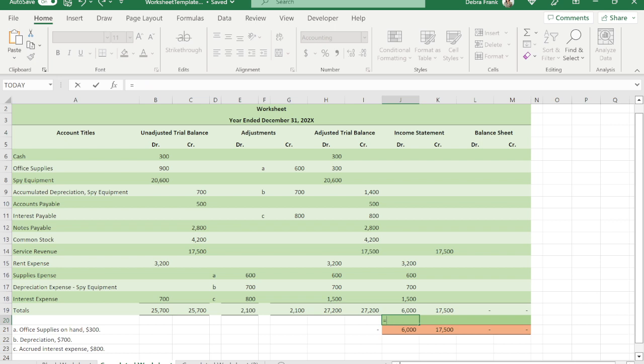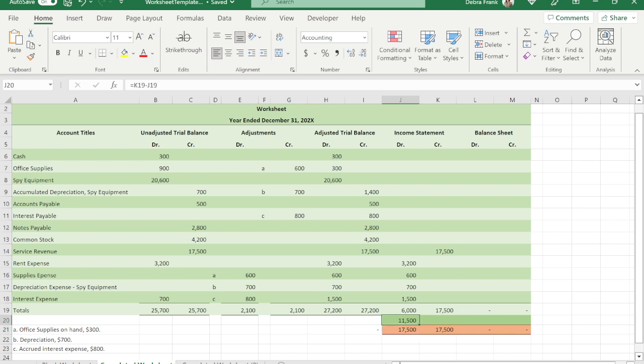So, let's be formula-y, okay? This one minus this, right? 17,500 minus 6,000 gives me net income of 11,500. Hey, I have balance. My debits equal my credits. Happy. We'll talk about the other side of this debit that we just did here.